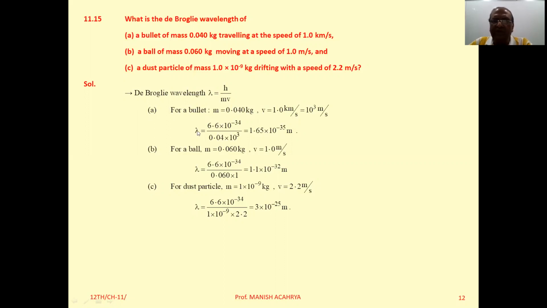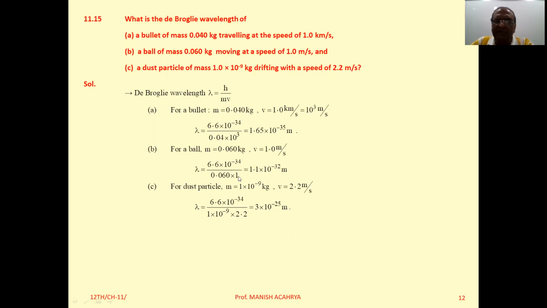Okay. Now, first formulate. Here in this equation, we have to take mass of bullet and speed of bullet. So mass is 0.04, speed is 1 kilometer per second, that is 10 raised to 3 meter per second. Substitute the values in this equation, lambda equal to h upon mv, you will get lambda.